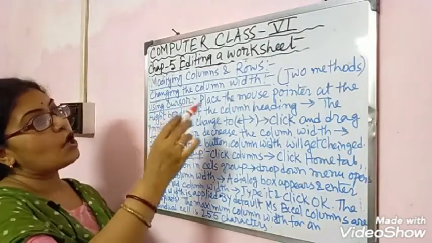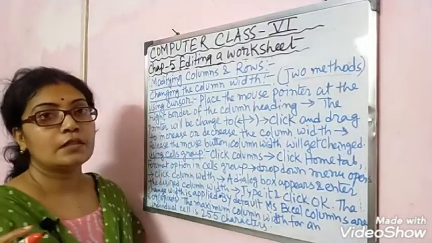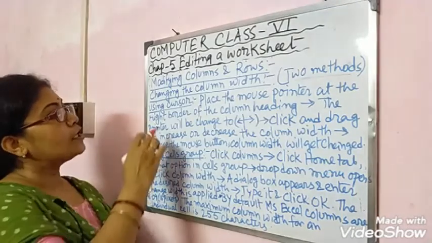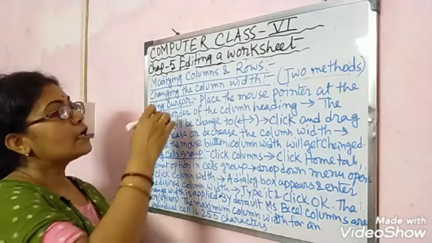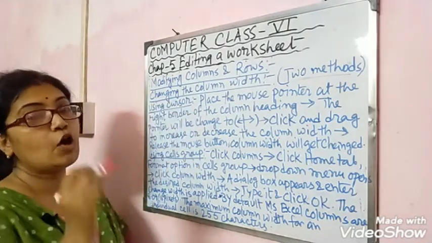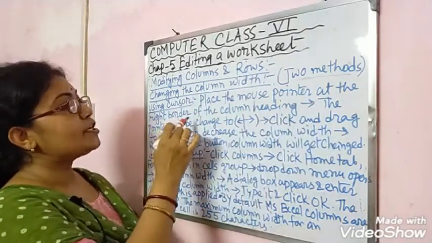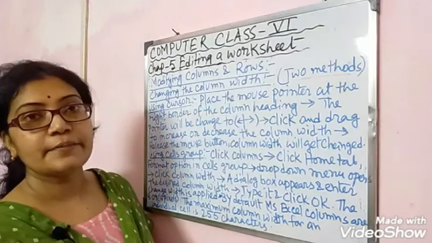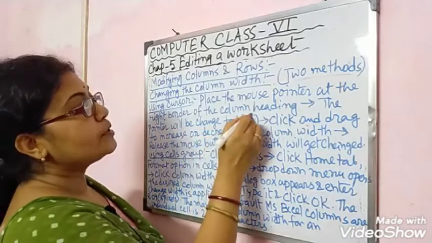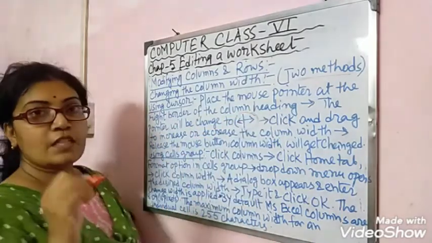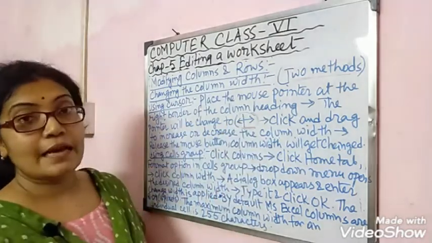First, changing the column width. There are two methods to change the column width. First, using the cursor. Place the mouse pointer at the right border of the column heading. Then the pointer will change into this sign.